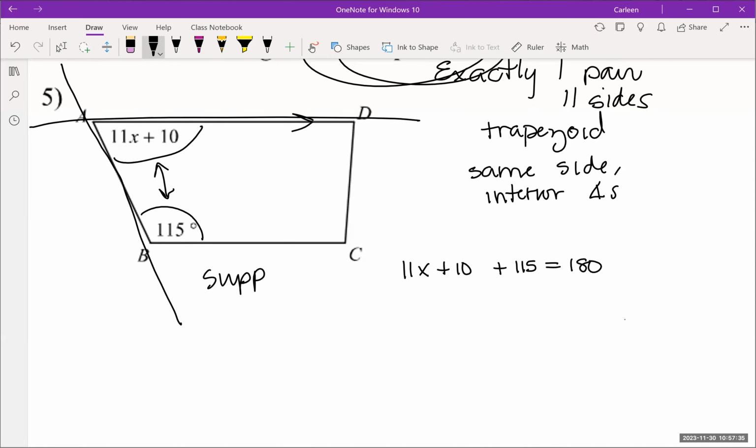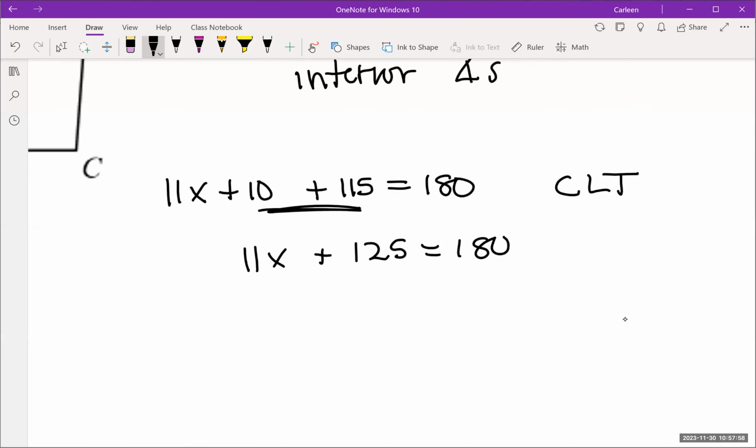Okay, combine like terms. 11x plus 125 is equal to 180. That was combine like terms. Now we're going to isolate the variable by doing what? Ding, ding, ding.